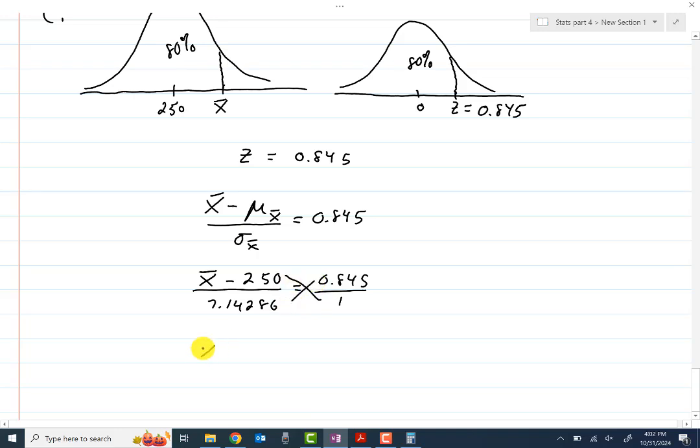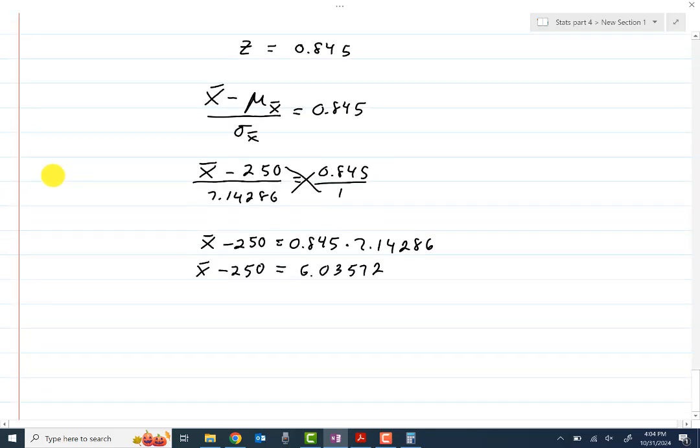Cross multiply. And finally add 250 to finish it off. And that should probably be in feet.